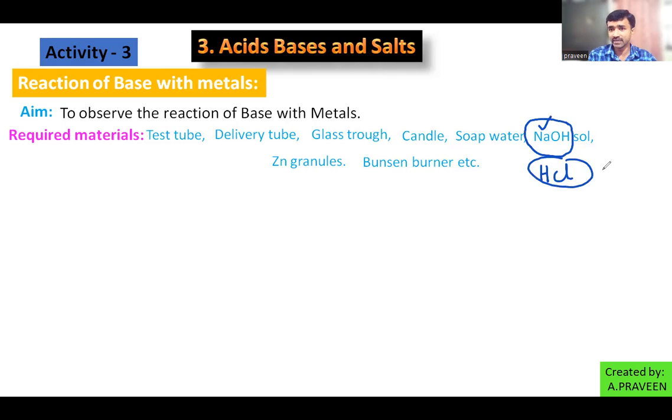Here, completely non-metals, right? There are no metals in acids. There is a metal in the bases, right? So in the earlier case, reaction is observed between acid and base, one containing metal, the other containing non-metals. Now here you are observing the reaction between metal and metal hydroxide.